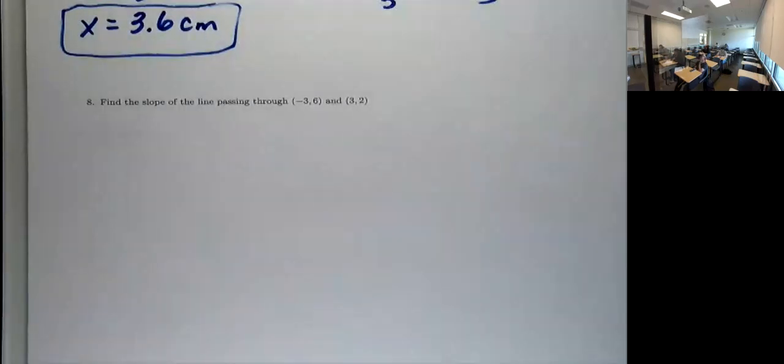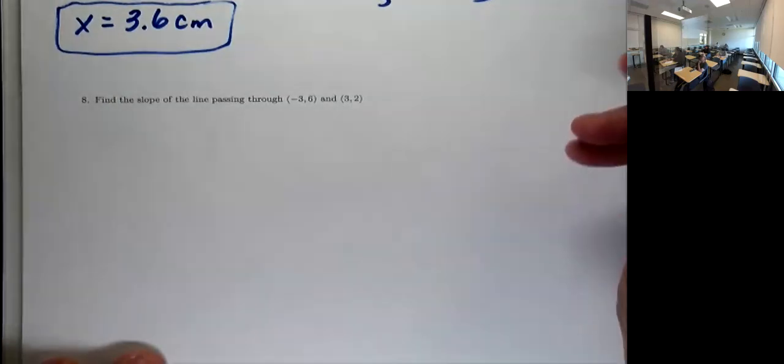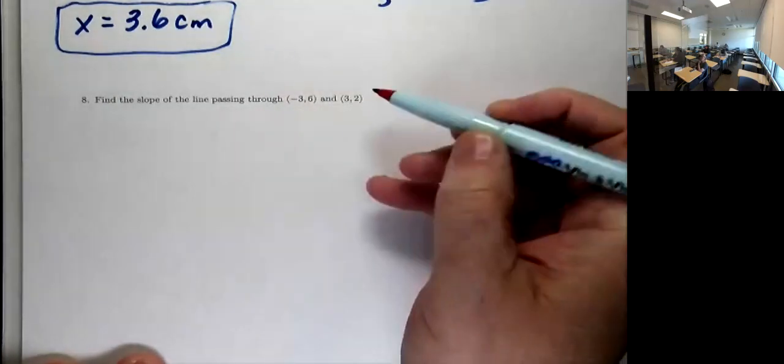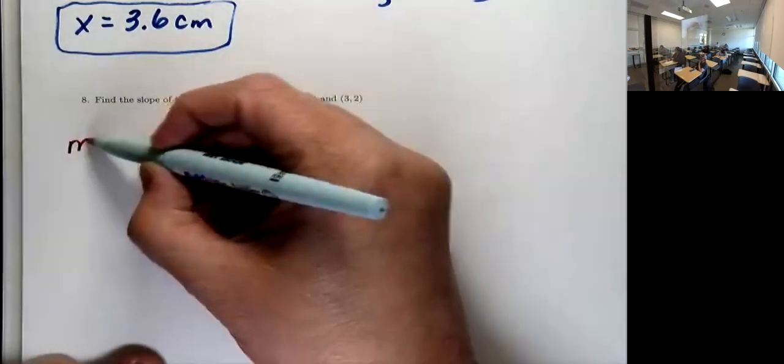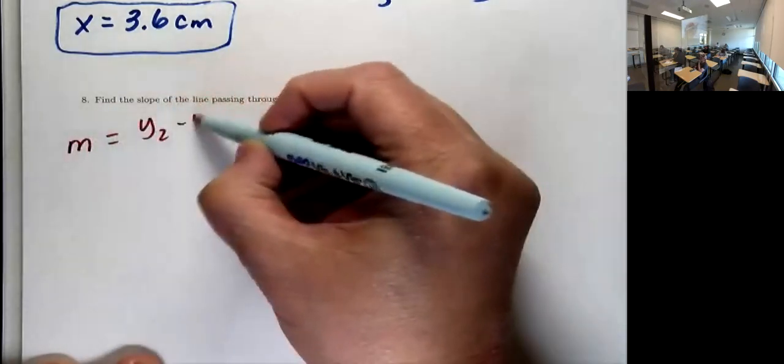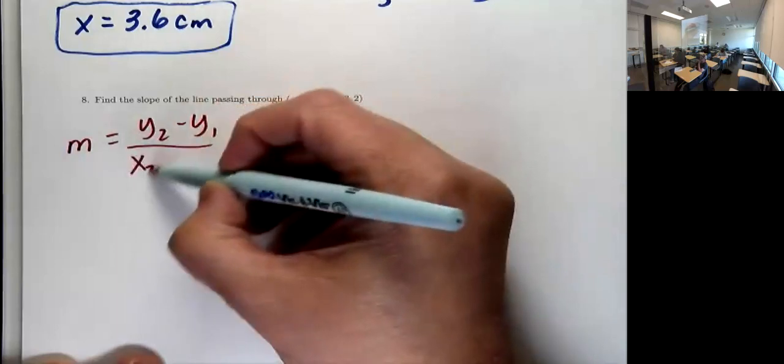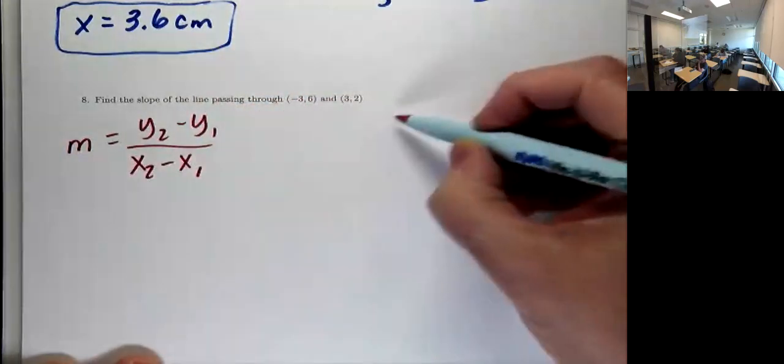All right, next question. Find the slope of the line passing through -3, 6 and 3, 2. Were those your questions? Yeah. So the slope of the line is y2 minus y1 over x2 minus x1. I've got 2 points.